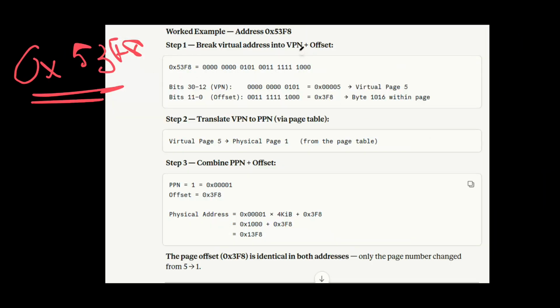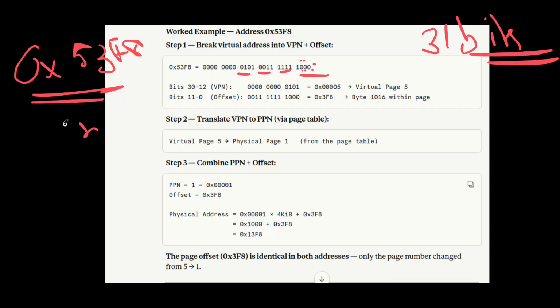So I write this 8 value, f, 3, and 5 here. Now the total 31 bits I needed, numbered 0, 1, 2, 3, 4, and so on up to 30.